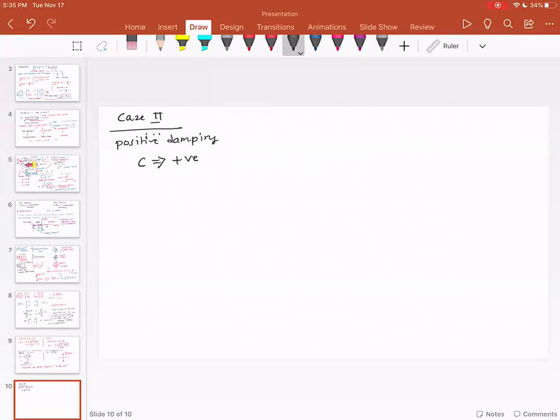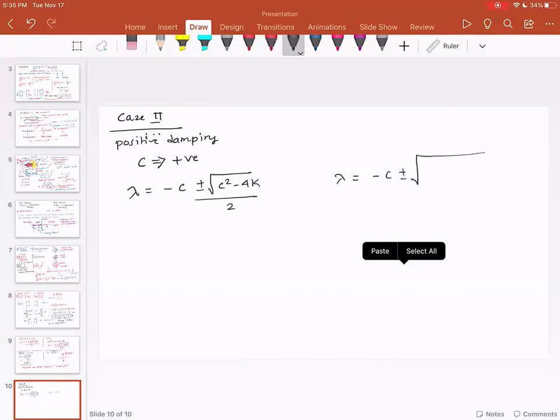If c is positive, let's look at again the equation for lambda. Lambda is minus c plus minus square root of c square minus 4k divided by 2, or lambda is equal to minus c plus minus square root of c square minus 4mk divided by 2m.